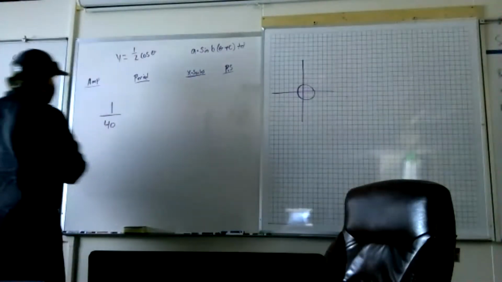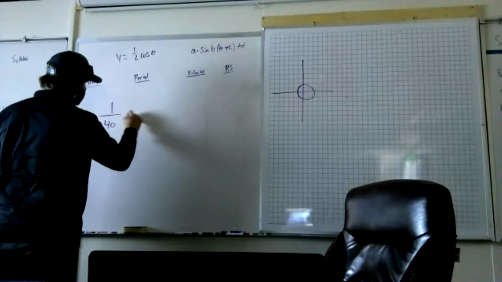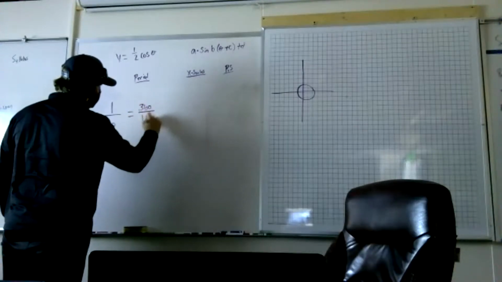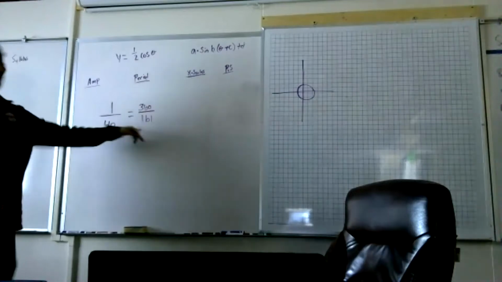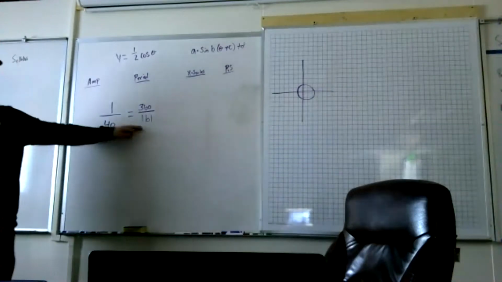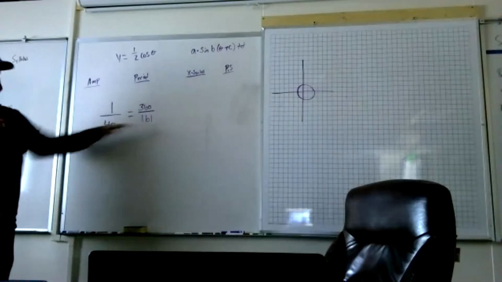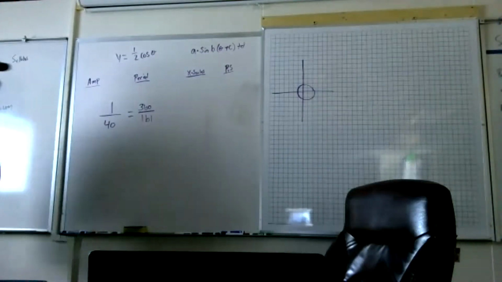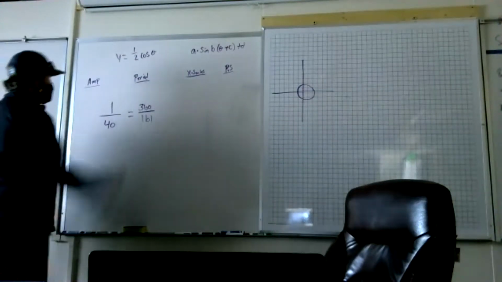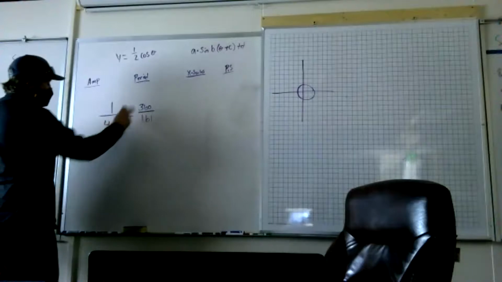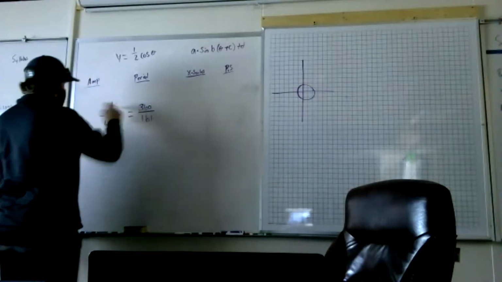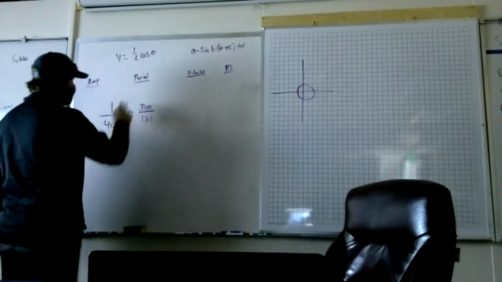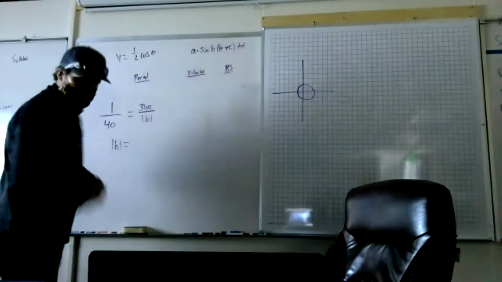If we set this equal to our period, which is 360 over the absolute value of b, we're trying to find the period factor, so we're trying to find b. We have to solve this equation. All of your frequency questions are handled exactly like this. You can cross multiply. So b times 1 is equal to b, or the absolute value of b, 40 times 360.